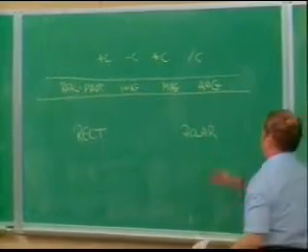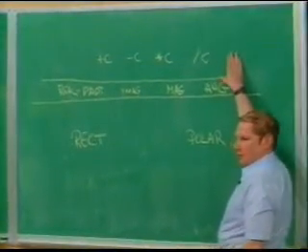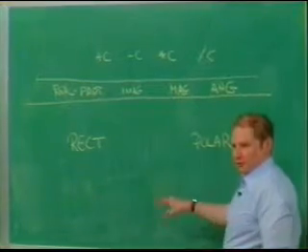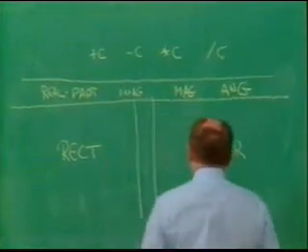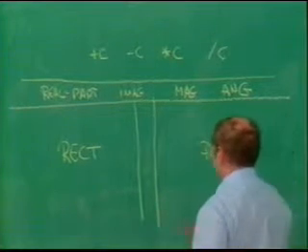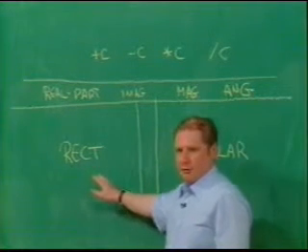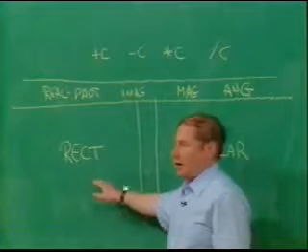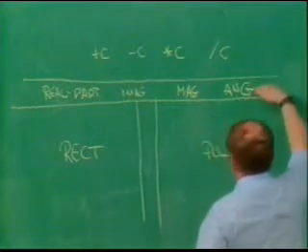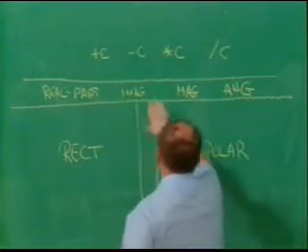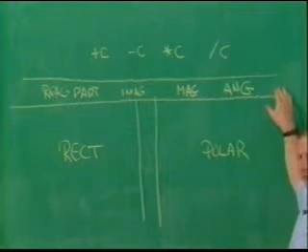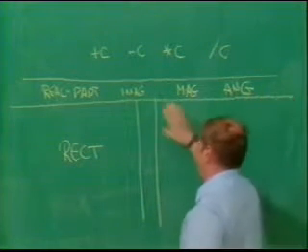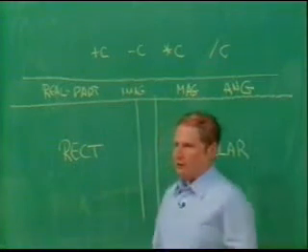So not only is there an abstraction barrier that hides the actual representation from us, but also there's some kind of vertical barrier here that allows both of these representations to exist without interfering with each other. And the idea is that the things in here, real part, imaginary part, magnitude, and angle, will be generic operators. If you ask for the real part, it will worry about what representation it's looking at.